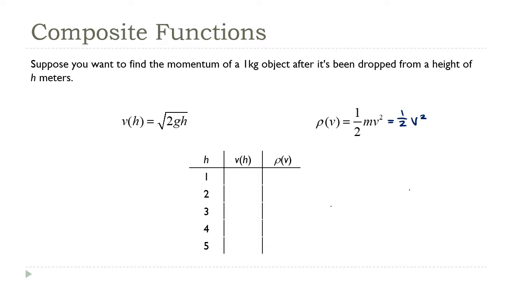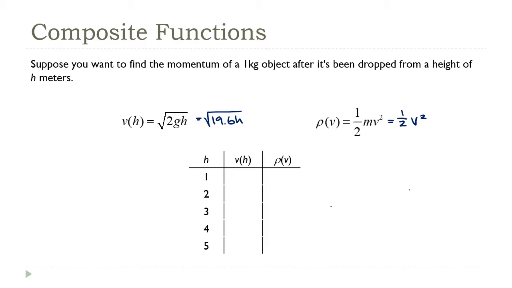And this g over here in the velocity formula, that's a constant. It's the rate of acceleration due to gravity, which is 9.8 meters per second squared. So this formula simplifies to the square root of 2 times 9.8, that's 19.6, and we still have the h.